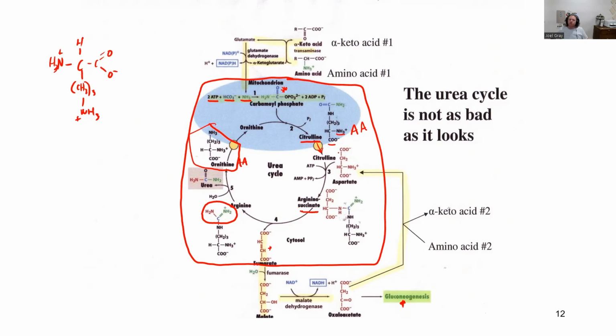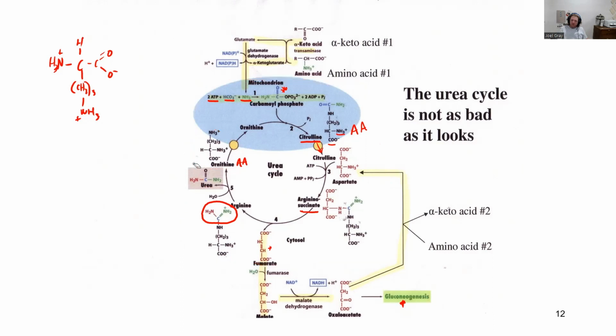So we have this movement of molecules, and the entire purpose of this cycle is to generate this right here so that we can ingest proteins, break them down, and we can extract energy from them, and they will not destroy our brains.